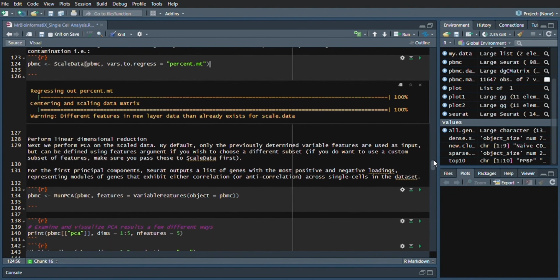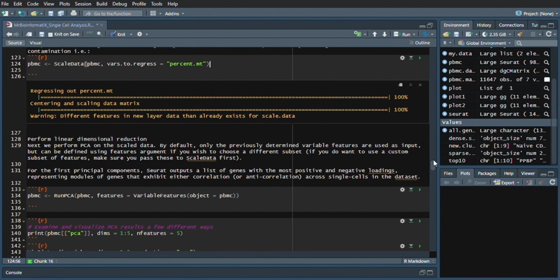Linear dimensional reduction is a technique used to make complex data easier to handle and understand. In single-cell RNA sequencing, we often deal with data from thousands of genes, which can be overwhelming and difficult to analyze directly. To simplify this, we use linear dimensional reduction methods like principal component analysis or PCA.